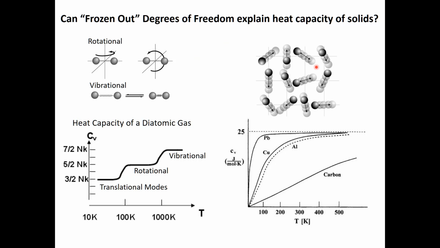And Einstein made this argument that maybe atoms can be modeled on a lattice as vibrating independently from one another, but as you go to low temperature, you're freezing out the vibrations of some of these states, right? So it's kind of like a two-state system, and the occupation of the vibrating state diminishes with temperature. And from the Einstein model, he could properly rationalize 3R at high temperature and 0R at low temperature.